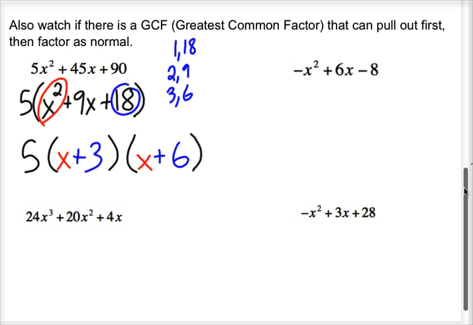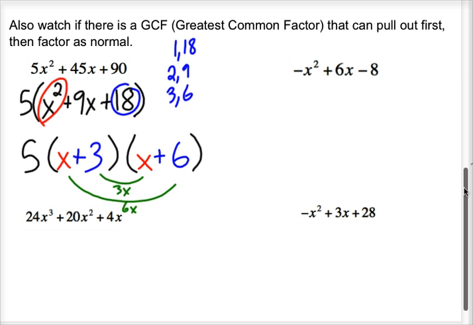Because when I check to make sure that worked, that gives me 3x, that gives me 6x, that does give me the 9x that I was looking for. So that is how this completely breaks down. But it is necessary to pull out the 5 first. If you don't have that 5 pulled out, it is not in its completely factored form.